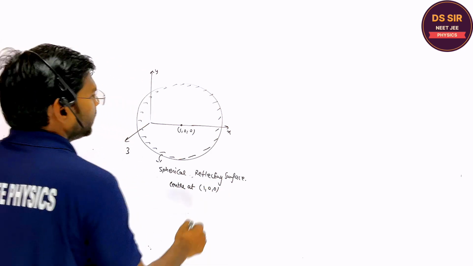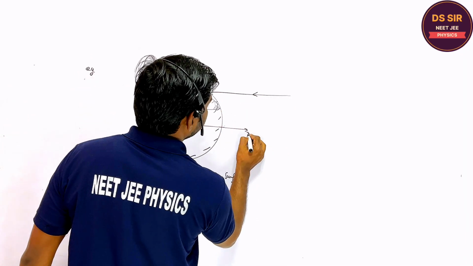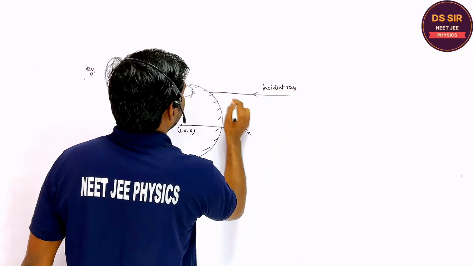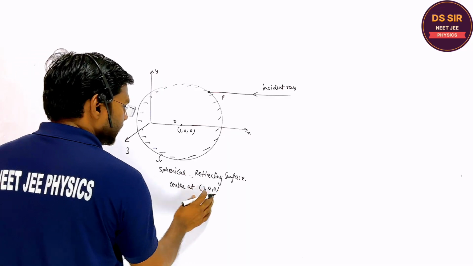Is it clear or not? A light is coming parallel to the x-axis from the negative x-axis, right? This is the incident ray, and it hits the point P. Suppose this is the O, the center O.